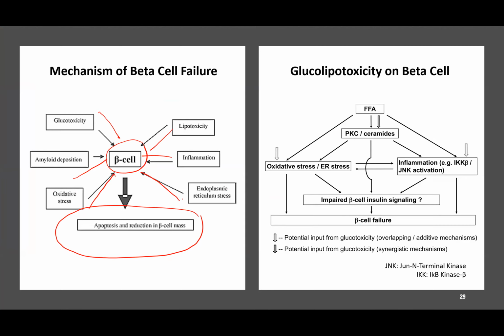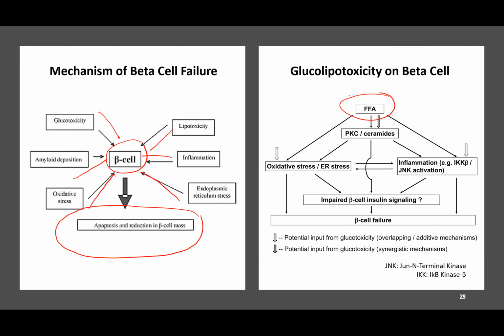Now, glucolipotoxicity on the beta cell, there excess free fatty acids are there. Remember, free fatty acid is one of the very powerful biochemical molecules in the body with several adverse effects. It is worse than many molecules.